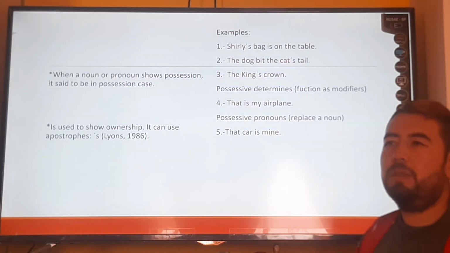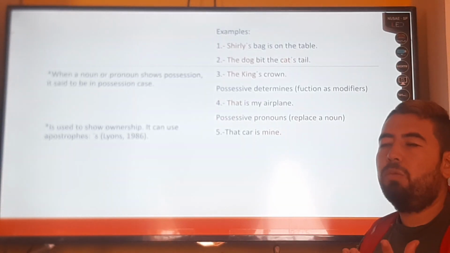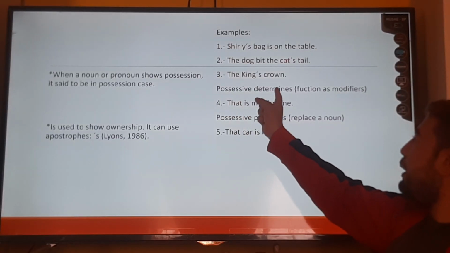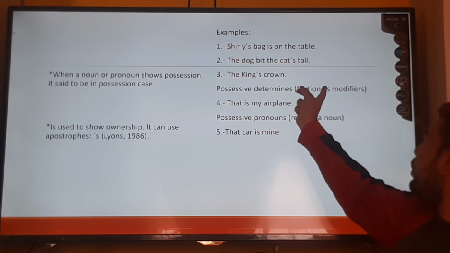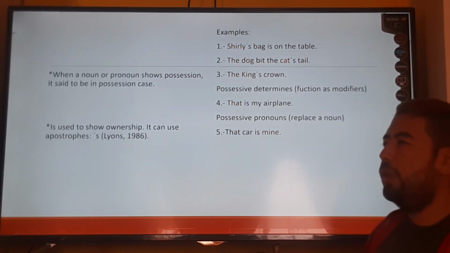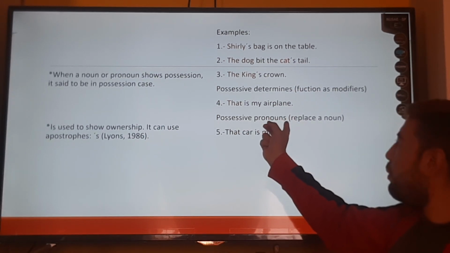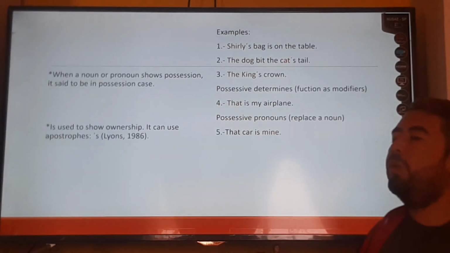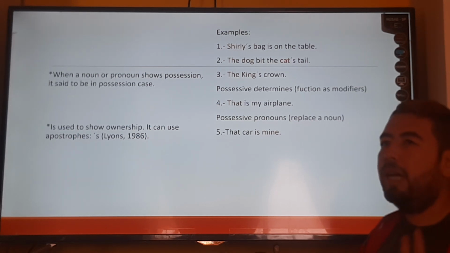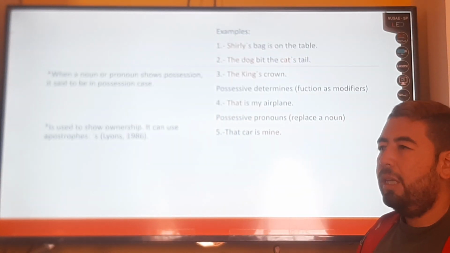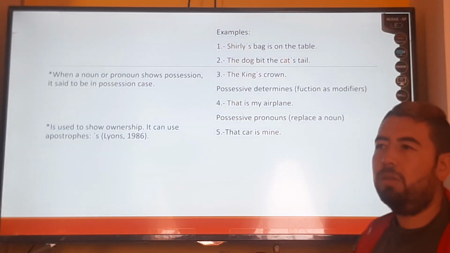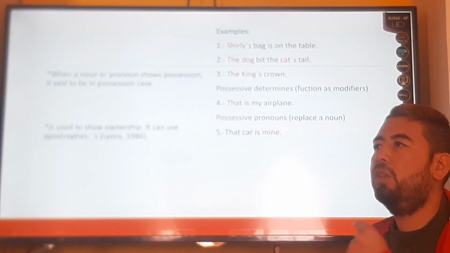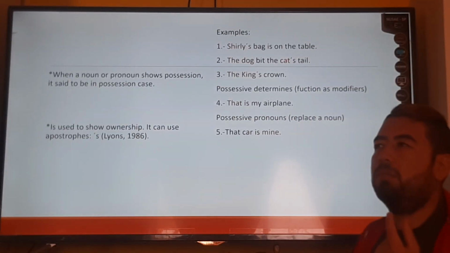There are two forms that are related with the genitive case. The first is possessive determiners, which function as modifiers. The second is possessive pronouns, which replace a noun. The first example about possessive determiners is: that is my airplane. In this case, that is an article, but it depends on the use that you try to identify.